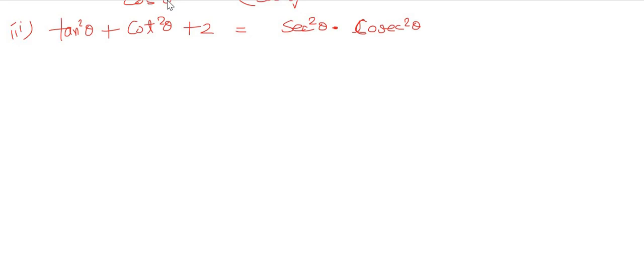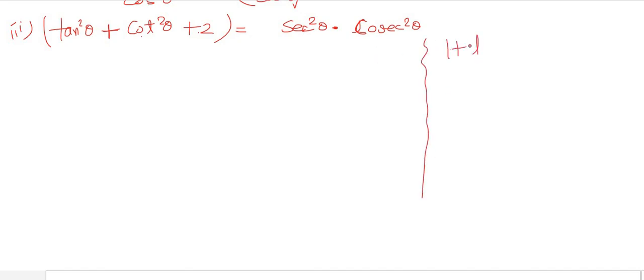This is the next part of the question, the third part. Tan square plus cot square plus 2 is sec square into cosec square. Before I start this question, let me tell you two formulas. 1 plus tan square theta is sec square theta, and 1 plus cot square theta is cosec square theta.